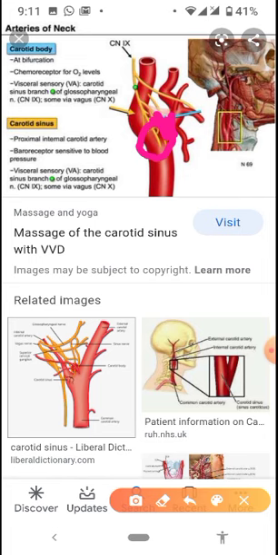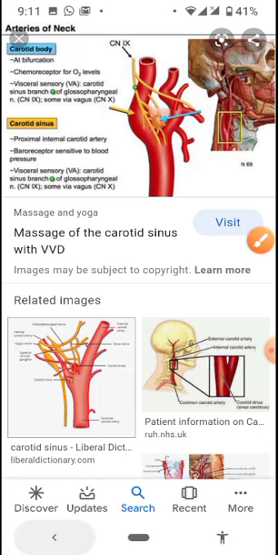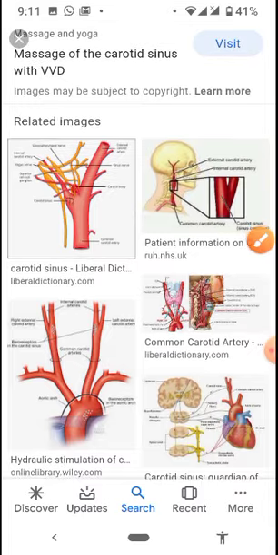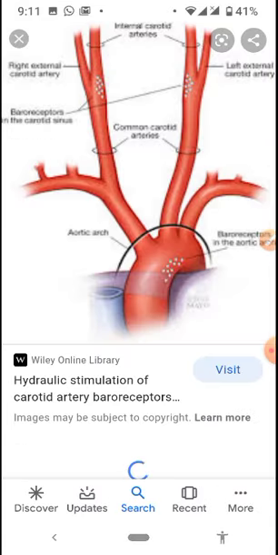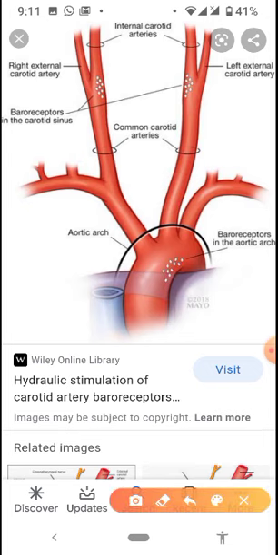Why is the carotid sinus present? The carotid sinus basically has a reflex mechanism.